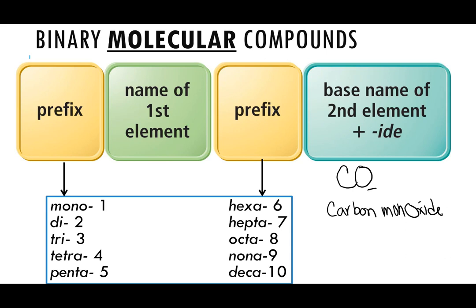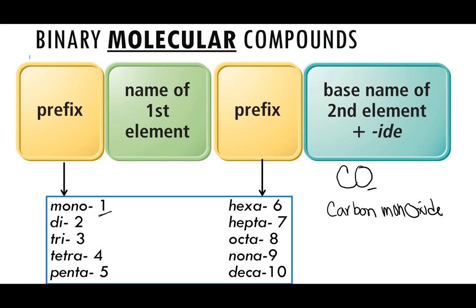When we say the name of this, systematically, it tells me that I should have a mono in front of the carbon, right? So I have 1 carbon, I should have a mono in front of there. But when we talk about this compound, do we say monocarbon monoxide? No, we don't. What do we call it? We just call it carbon monoxide.